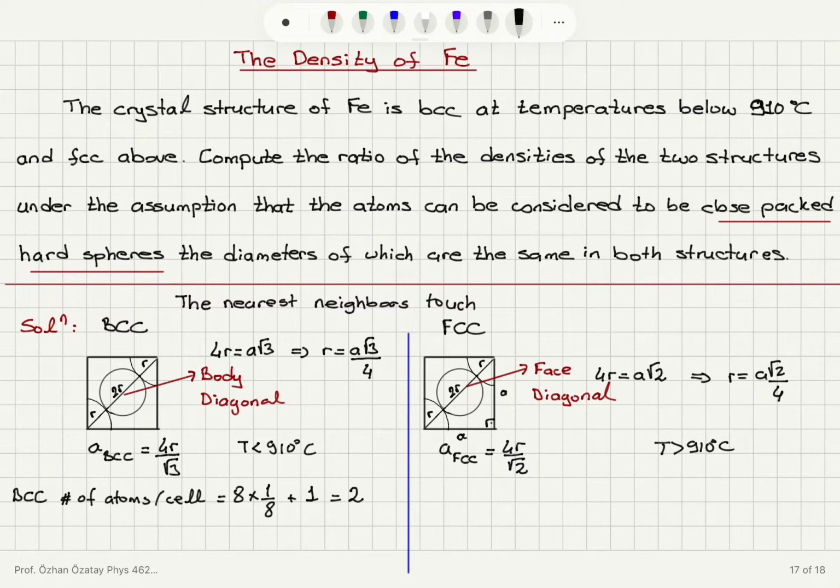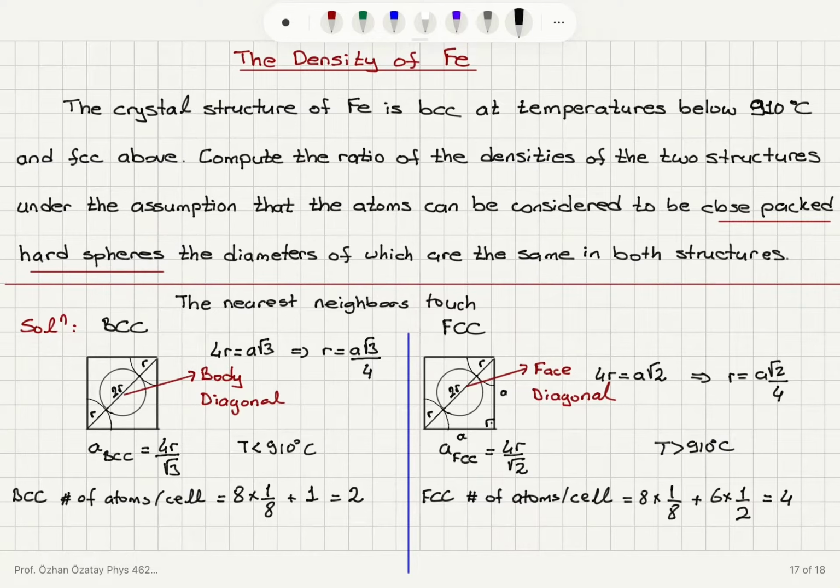And for the face-centered cubic structure, the number of atoms per cell will be, once again, 8 atoms at the corners, 1/8 of each inside the unit cell, and 6 atoms at the face centers, half of each inside the unit cell, so the total will be 4.